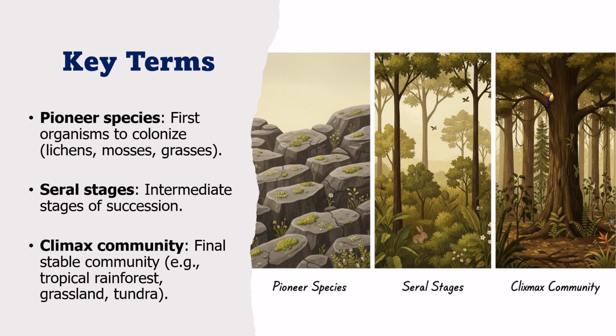The final stage is the climax community, which reflects the regional climate, whether it be a rainforest, grassland, or tundra. These terms provide the vocabulary to describe ecological changes and help us understand the step-by-step transformation from barren landscape to complex, balanced ecosystems.